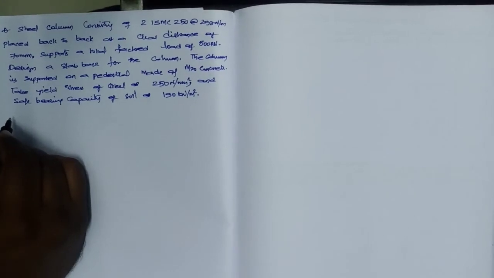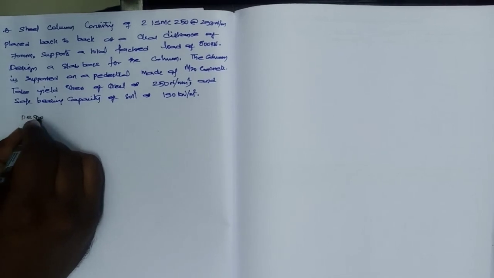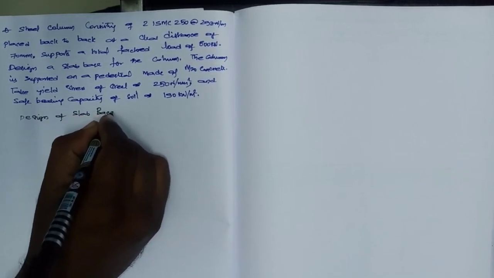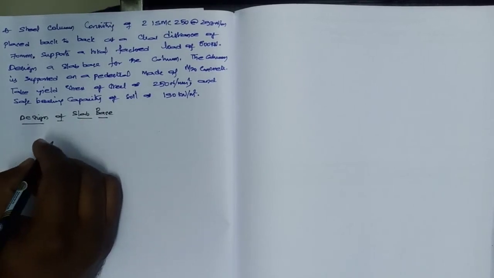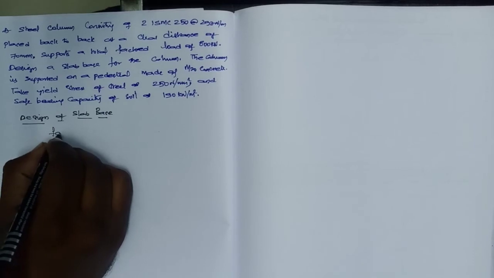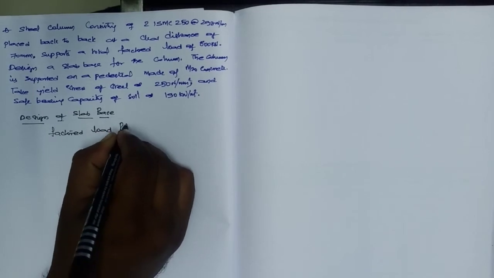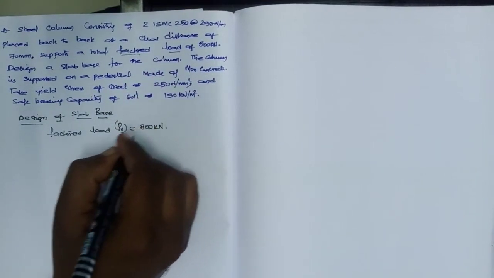The first step is what? Design of slab base. Okay, so already load given is a factored load, PU. Here it is factored load, it is 800 kilonewtons.